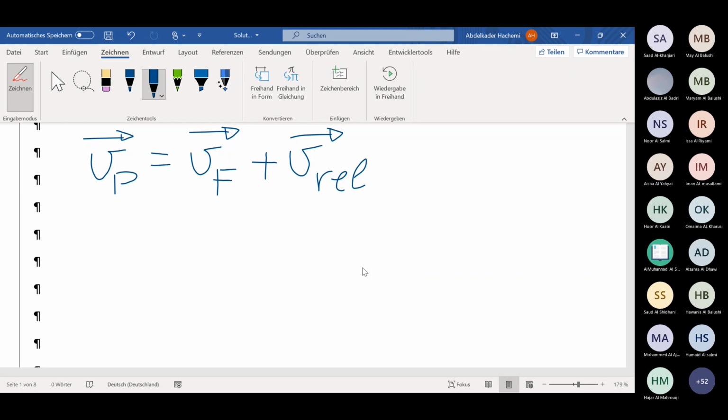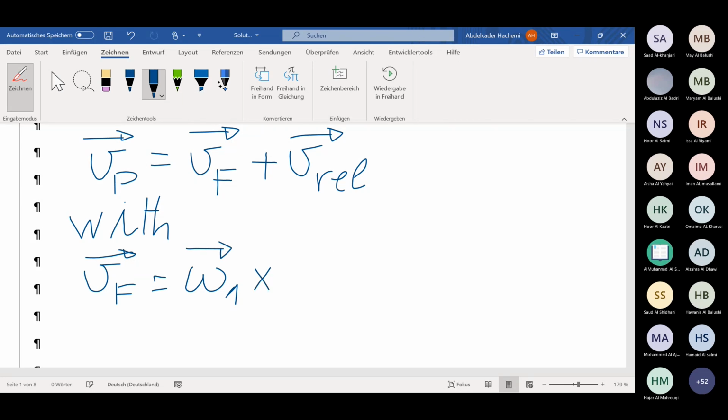Now, if I write the equations, we have here Vf is equal to omega 1 cross R.